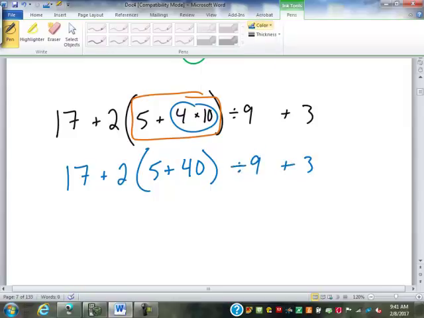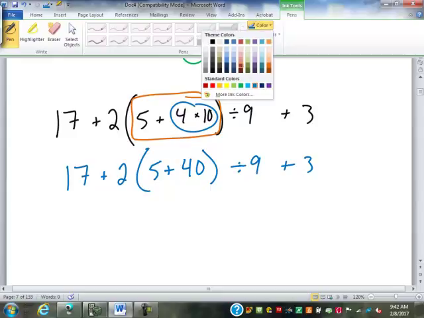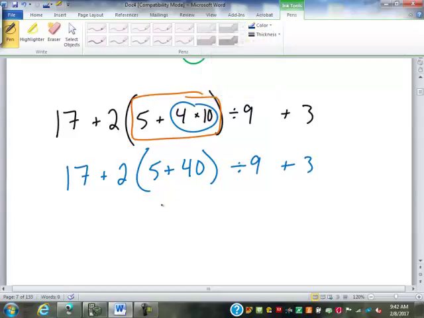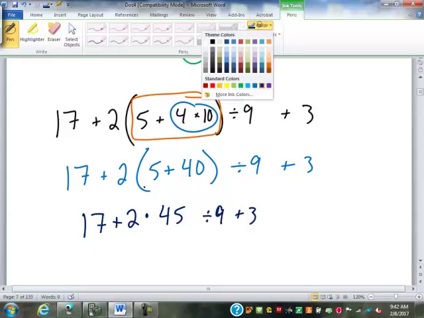What's next? 5 plus 40 is 45. I've reduced what's in the parentheses to a single number, so I'm going to get rid of the parentheses. Here I do have to remember to do what? Put in the multiplication. What is next?